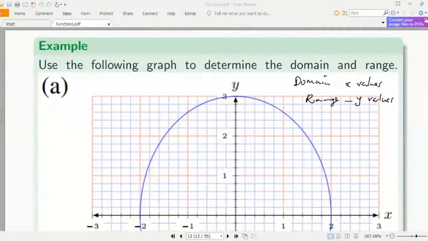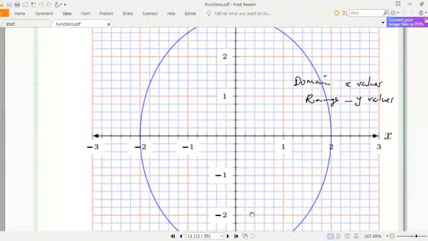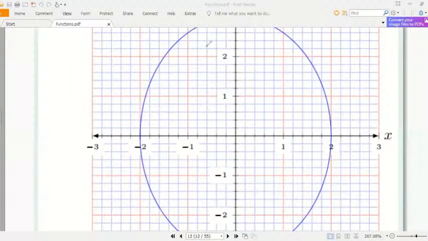So you just take where the x values begin and where the x values end to tell us the domain. When I look at this graph very well, I'm seeing the x values are beginning from -2 to +2. And I'm also seeing that -2 is included because these are continuous graphs. It's not dotted. If it were dotted, then we would say that the values on the boundary are not included.